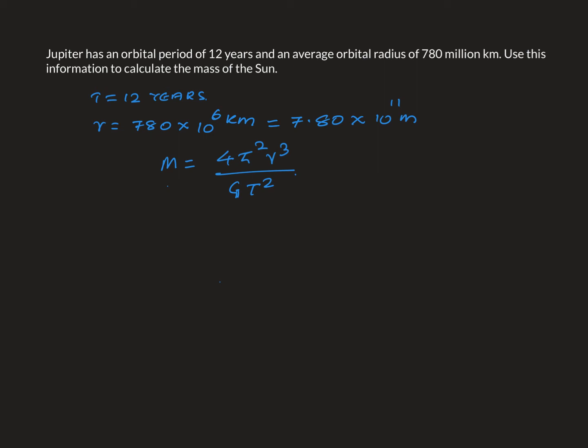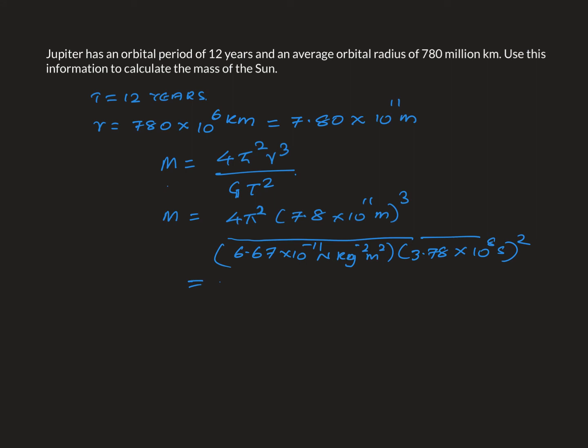This is the equation for the mass of the star, where we have the radius R and the period T, and we know the value for G. All we have to do is substitute the values, and make sure that we use the correct units. The distance should be in meters and the period should be in seconds. So we need to convert the 12 years into seconds. If we do that, that's the answer we get.